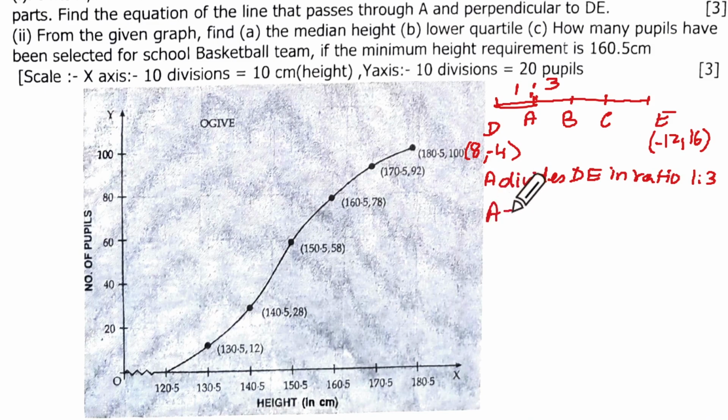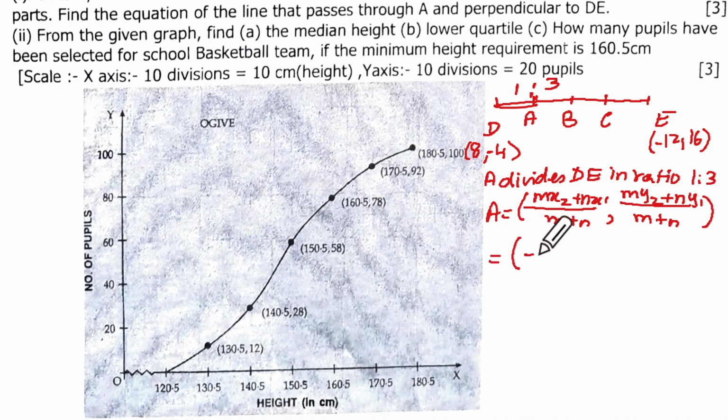So what will be your A? mx2 plus nx1 upon m plus n comma my2 plus ny1 upon m plus n, which is going to give us mx2 minus 12, nx1 8 into 3 is 24 upon 1 plus 3, and my2 means 16 and this minus 12 upon 1 plus 3.